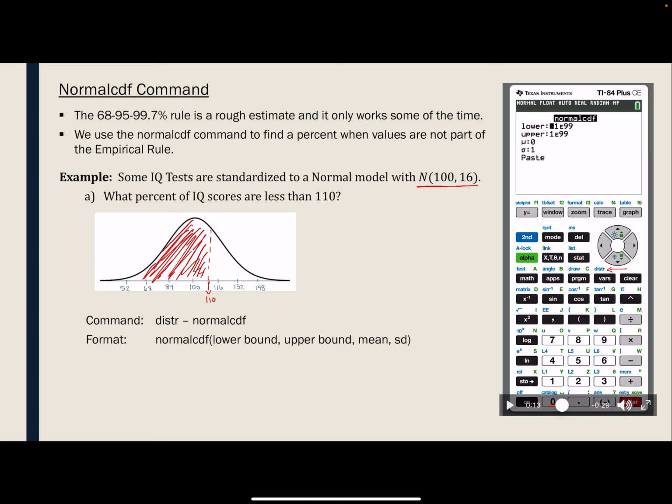Right here, you'll notice that you have a negative 1e to the 99 or a 1e to the 99. That's because a normal model goes to negative and positive infinity. So your calculator is writing negative and positive infinity in scientific notation.